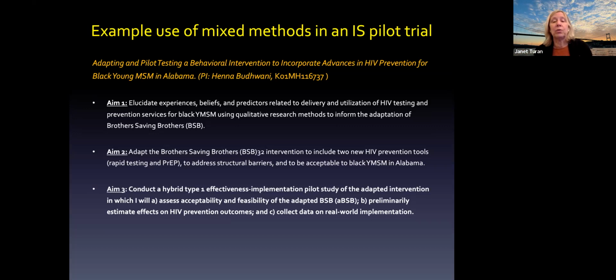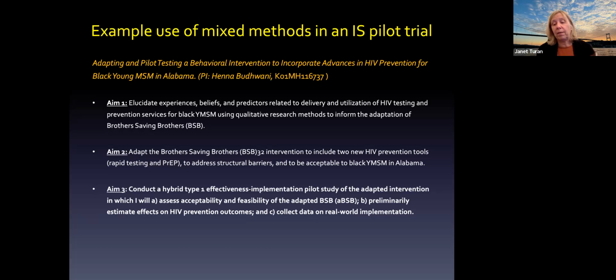And she's going to assess acceptability and feasibility of the adapted intervention using both quantitative and qualitative measures. It's a small pilot sample, but she can estimate effects on HIV prevention outcomes. So that's a very quantitative piece. And then also collect qualitative data on real world implementation.